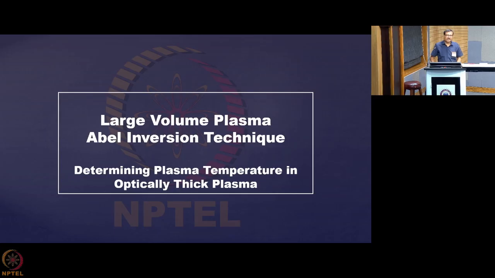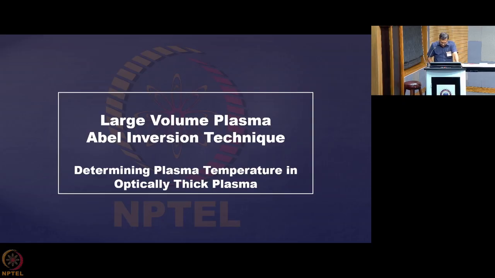Now, the case of a large volume plasma. Whenever you are measuring the temperature of an arc, it is a very thin plasma with a very sharp temperature gradient, and for the axial temperature measurement this method is very accurate.